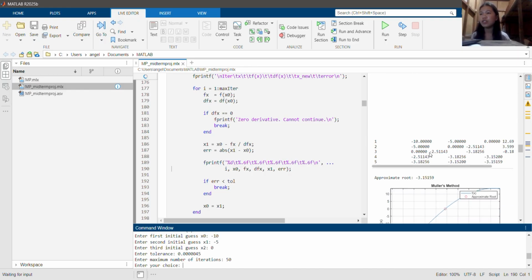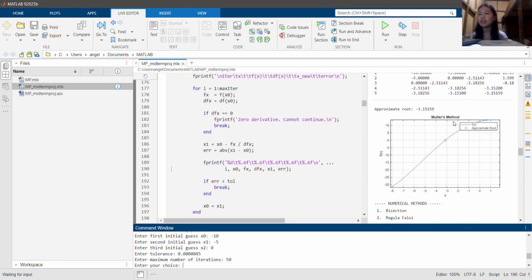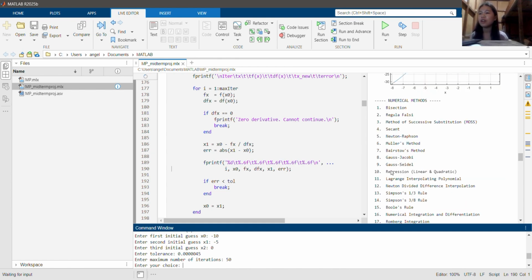In the iteration table, the iterations stop at number 5, and our approximate root is -3.15159, and below it is our graph for the method.